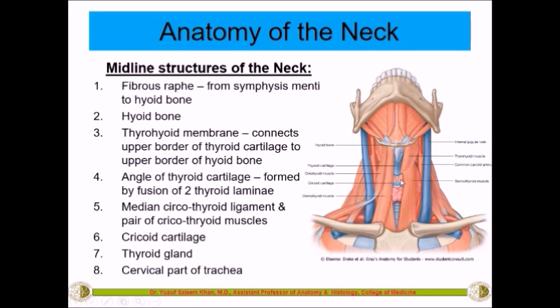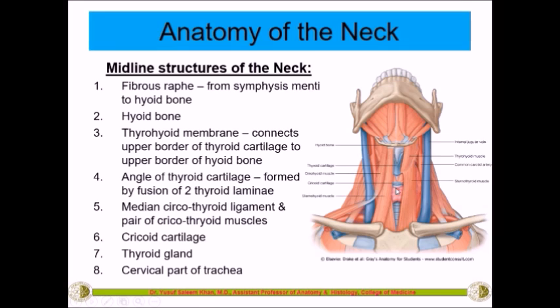And outside we also have a small muscle, the cricothyroid muscle. So here is the cricothyroid membrane, thickened to form the cricothyroid ligament, and on either side we have the cricothyroid muscle. Because it is between the cricoid cartilage and thyroid, it is called the cricothyroid membrane, ligament, as well as muscle.